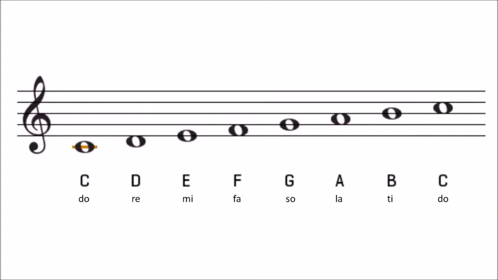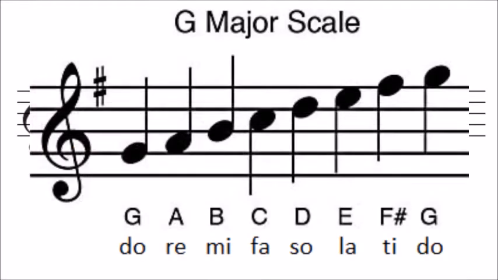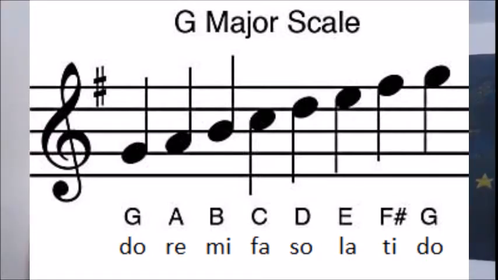This time, I will be showing you the G major scale. So the solfege is the same as the C major scale. That's Do, Re, Mi, Fa, Sol, La, Ti, Do. Still the same. But the first pitch, the lowest pitch, begins with G this time. So it's G, A, B, C, D, E, F sharp, G. How would you know if a major scale is in the key of G?